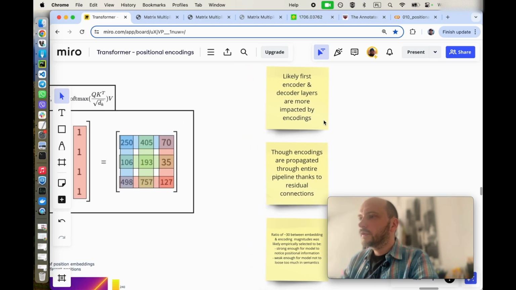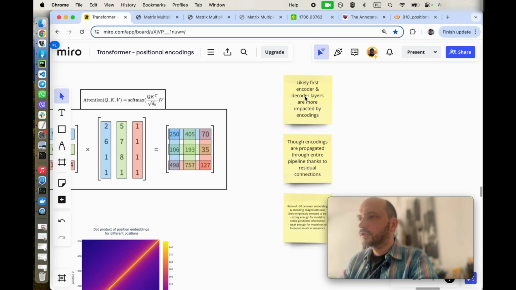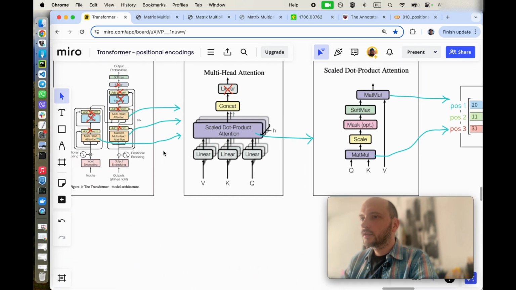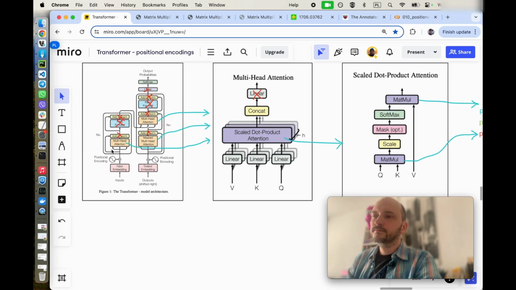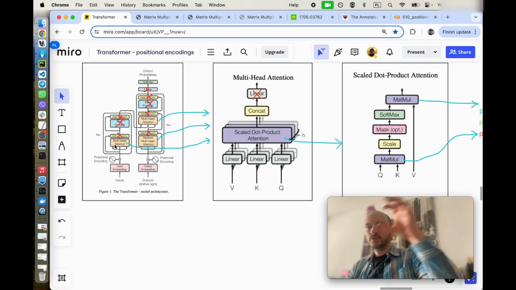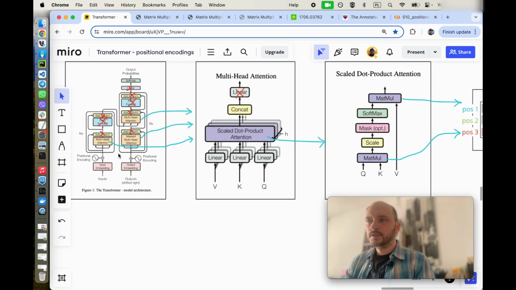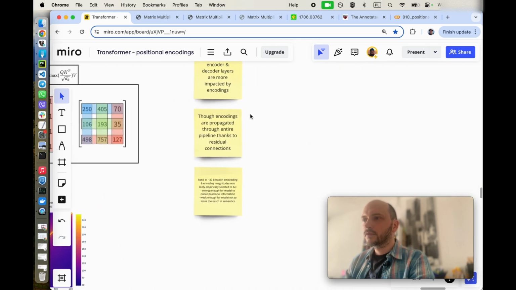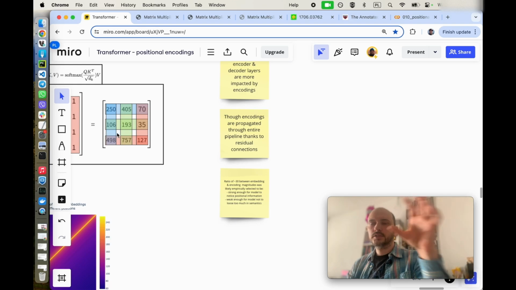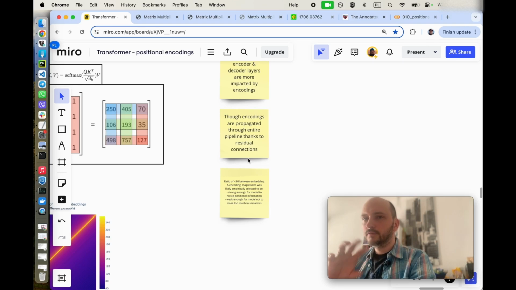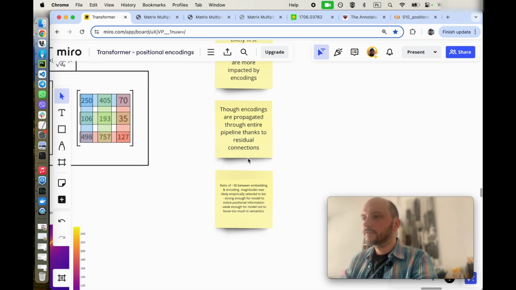And I also think that probably the first encoder and decoder layers in this stack are more impacted by the encodings, and over time in the next layers, when encoding will repeat, positional information probably won't have this high impact, just because it will already be multiplied and converted to some other representations of the information.